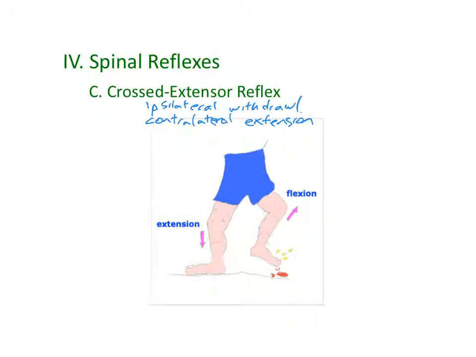Which, if you're doing something like stepping on something sharp, makes sense. You want to flex away from the painful stimulus, and since your body weight is now being transferred over to the opposite limb, you want to extend that limb to help hold the additional body weight that's being exposed to it.